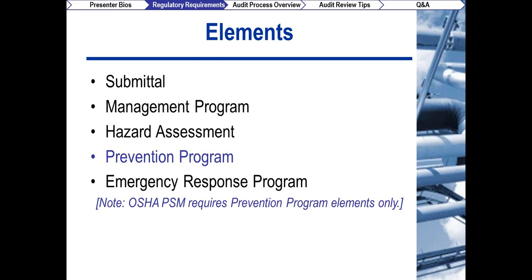For the hazard assessment, your off-site consequence analysis. And for the prevention program, which Katie will talk a little bit more about, there are certain elements that you have to manage to ensure your compliance for safe protection of your personnel and equipment. And then there's an emergency response program, which may be applicable depending on your system and your capabilities. And I want to note that the OSHA PSM prevention program just manages prevention program elements only.